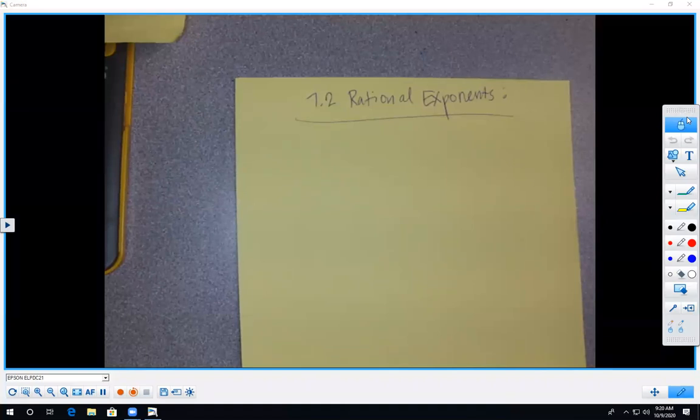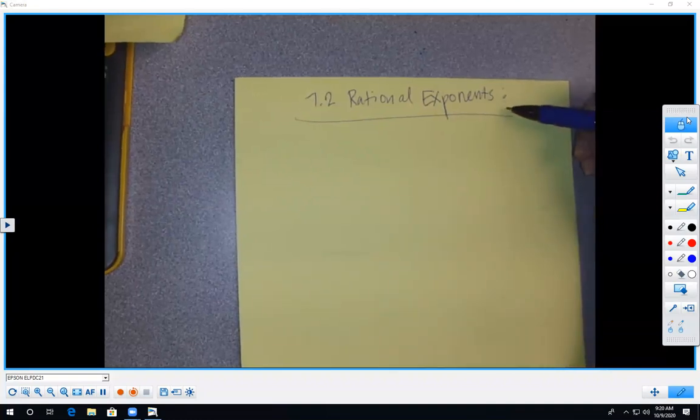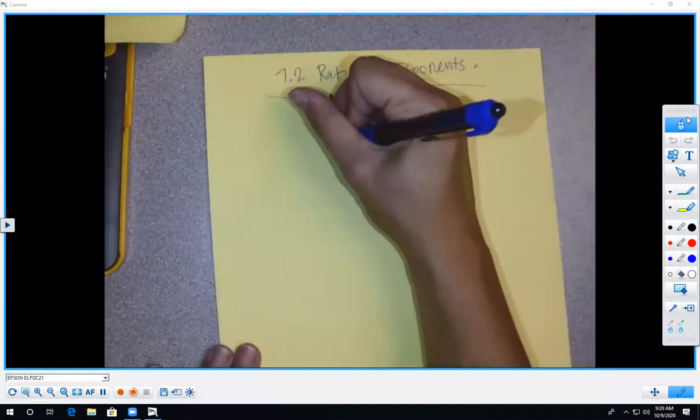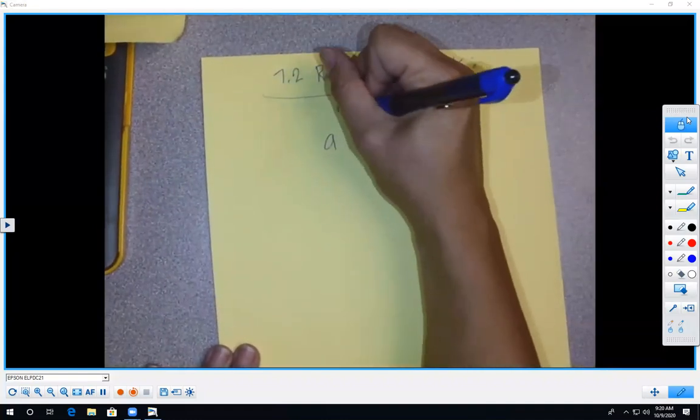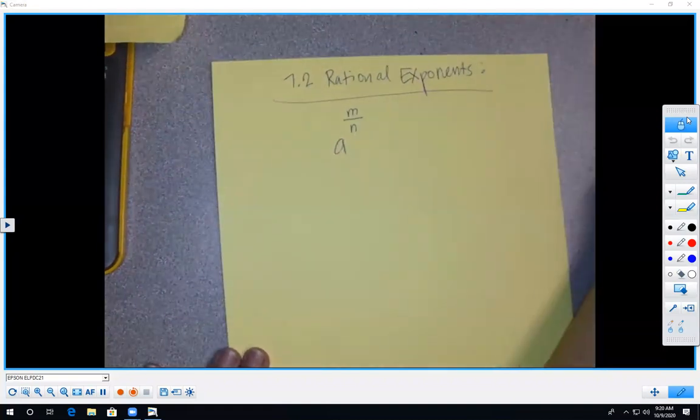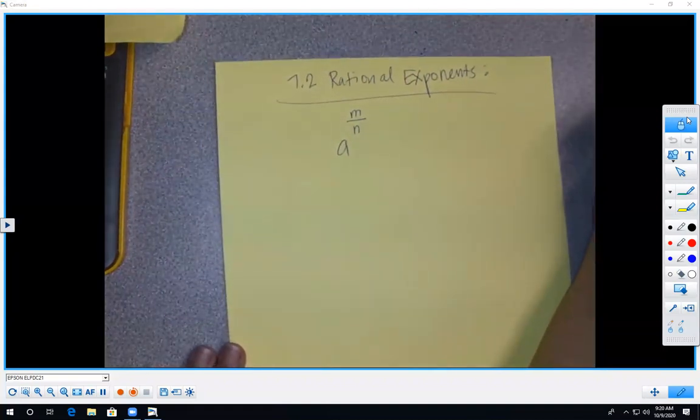For a number to be rational, it means it can be written as a fraction. So these are going to be exponents that are fractions. If we have some base raised to a fractional exponent, say m divided by n, that represents two different things going on in that problem.